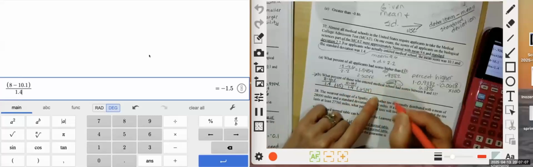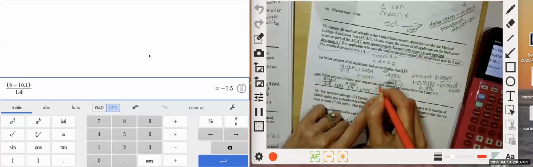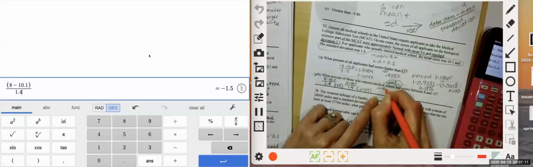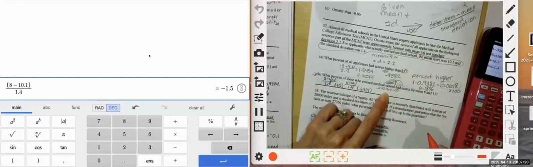So we're going to take the larger one, 0.6429, and subtract out the smaller one. Oh, we're not subtracting yet though, are we? We have to convert these in the table.